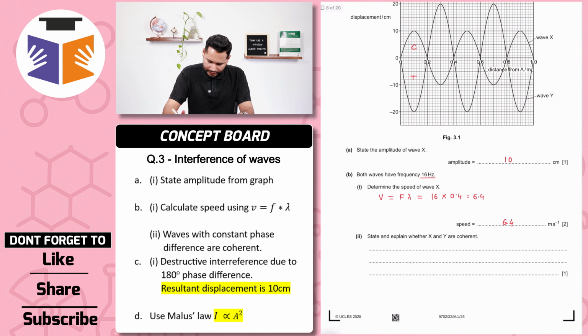Next, state and explain whether X and Y are coherent. So what's the property of coherent waves? Coherent waves, they have constant phase difference. In case of X and Y as well, you can see there is a constant phase difference of 180 degrees, and hence we can say that these two waves are coherent.